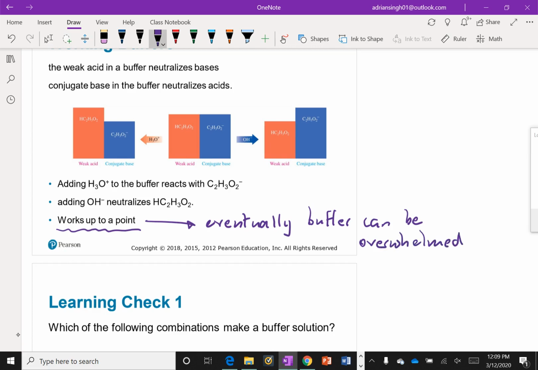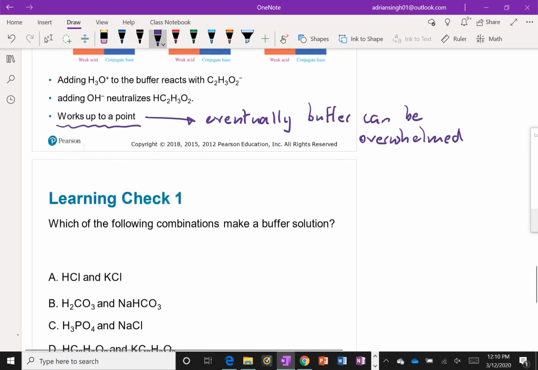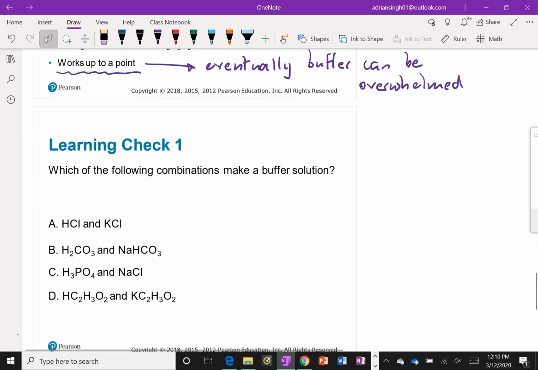And then it wouldn't be able to carry out its function. But in terms of what you would experience in your blood, for instance, the changes of the hydroxide and the hydronium concentration due to metabolic processes, the buffers in your blood are perfectly capable of minimizing the changes to the pH. So let's take a look and see how we can identify buffer solutions.